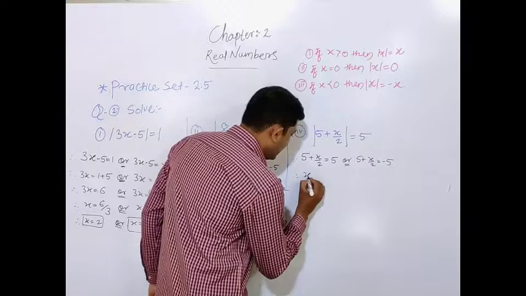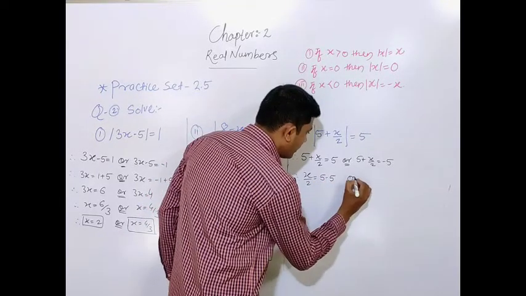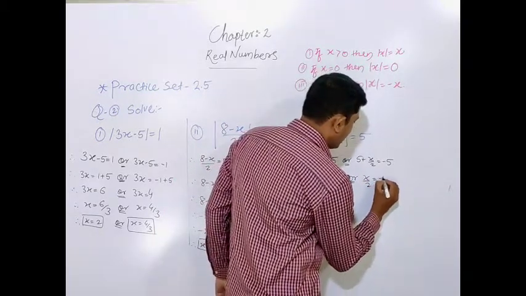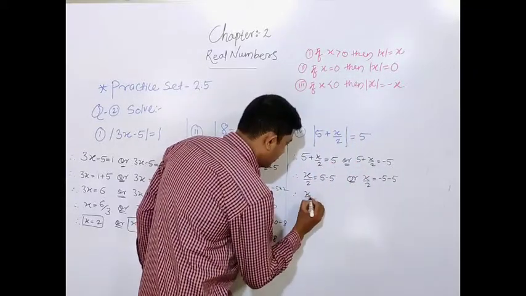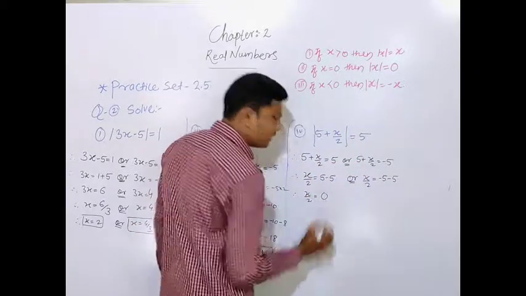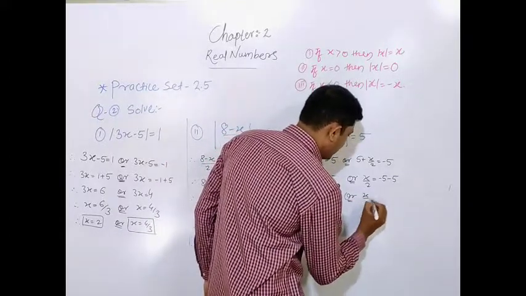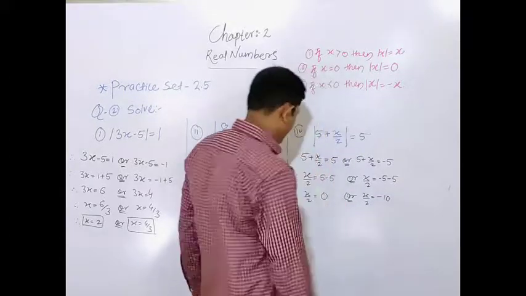So what we get is x upon 2 equal to 5 minus 5 or x upon 2 equal to minus 5 minus 5. Therefore, x upon 2 equals 5 minus 5, which is 0, or x upon 2 equals minus 5 minus 5, that is minus 10.